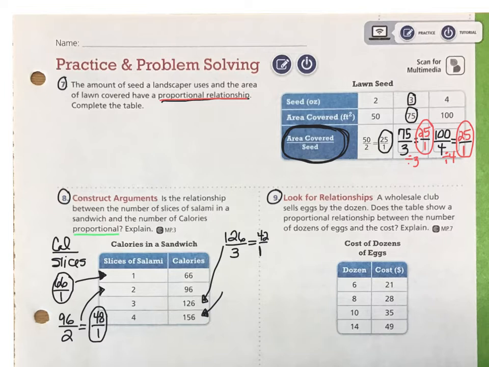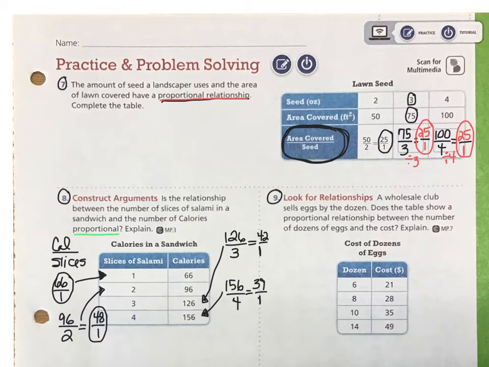And then last but not least, we have 156 calories in the sandwich with 4 slices of salami. So the amount of calories in just 1 slice is what happens when we divide 156 and 4 both by 4. And in this case, we get 39 calories for 1 slice of salami on the sandwich.